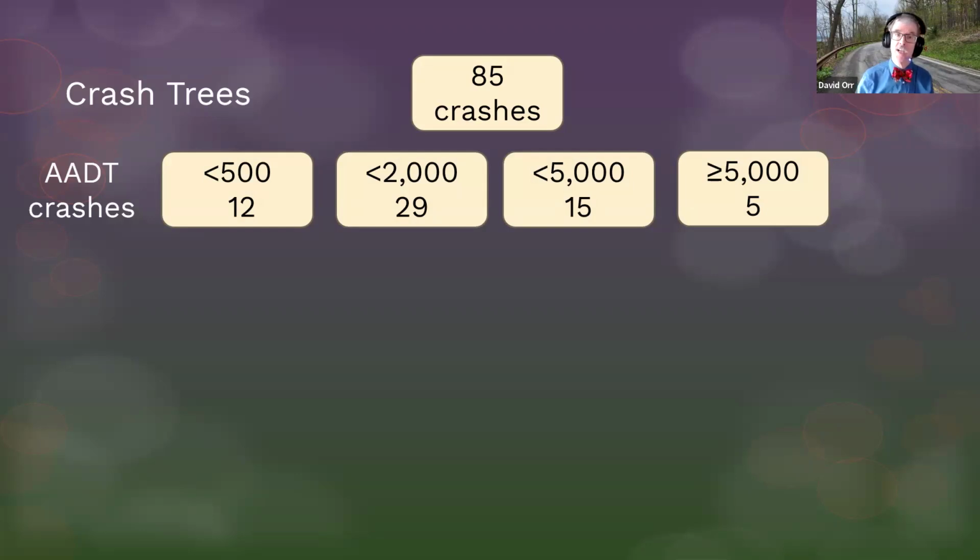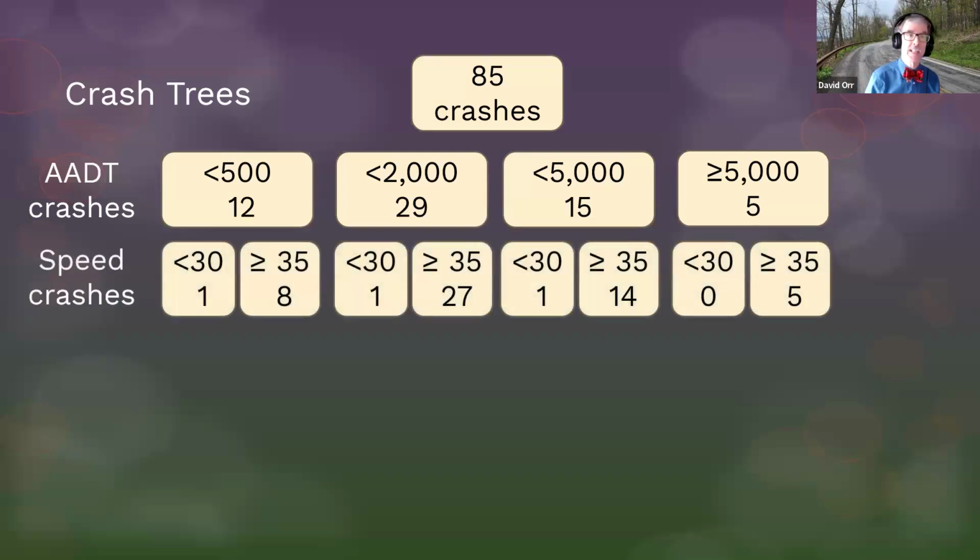And as you can see, crashes were actually in the roads less than 2,000 were at a higher number than even roads with 5,000 vehicles per day. Probably due to the fact the higher volume roads tend to be built a little bit wider, a little bit straighter. But that's the whole point about doing crash data and risk analysis. You figure these things out, okay?